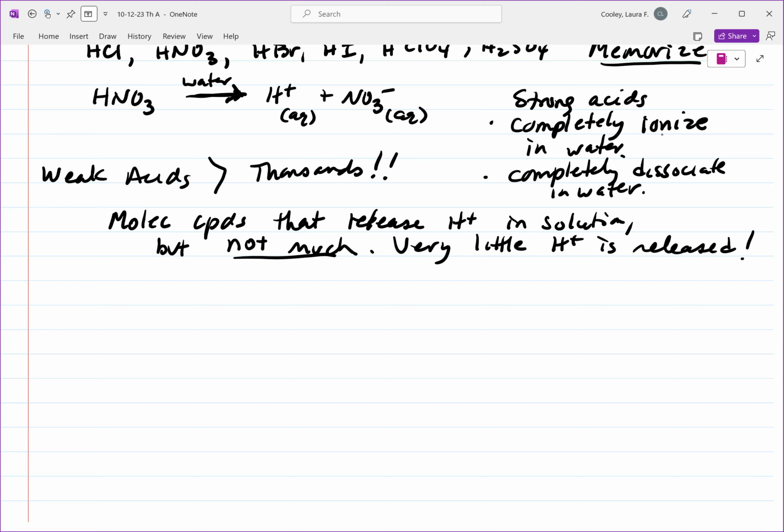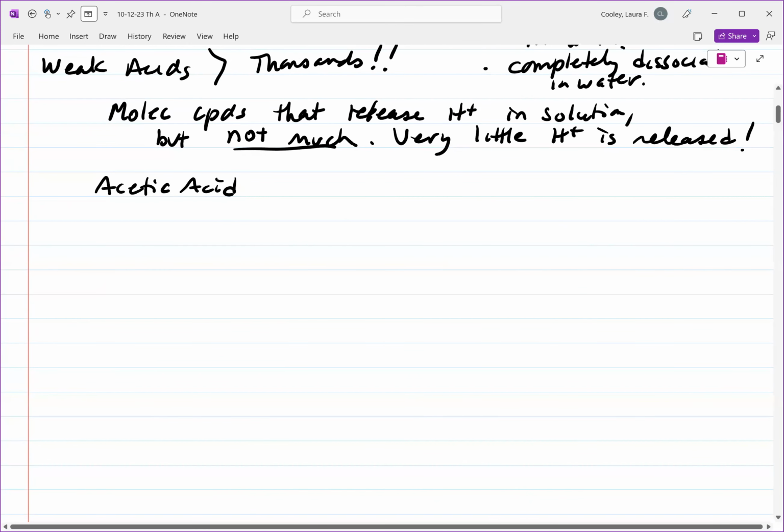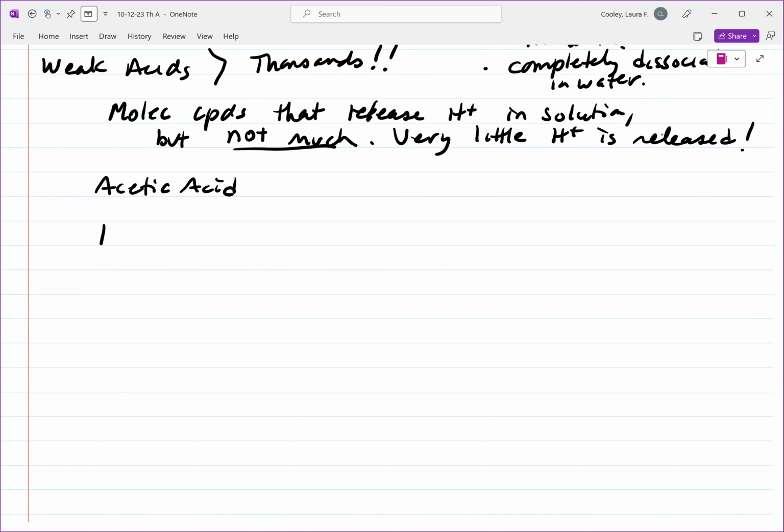So for example, we have acetic acid. I believe that you're doing a vinegar lab today. Is that true? Oh, next week then. All right, so next week you're doing the vinegar lab. Vinegar is a solution of acetic acid. So you're going to be doing a titration of acetic acid in that lab. And acetic acid, HC2H3O2. What happens is you get a little bit of release of H plus.